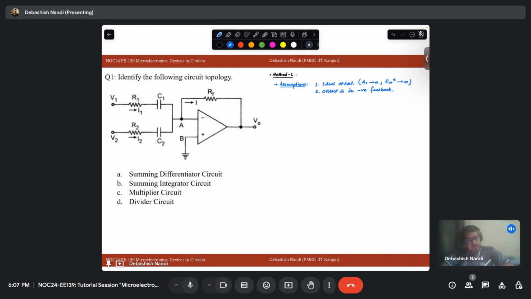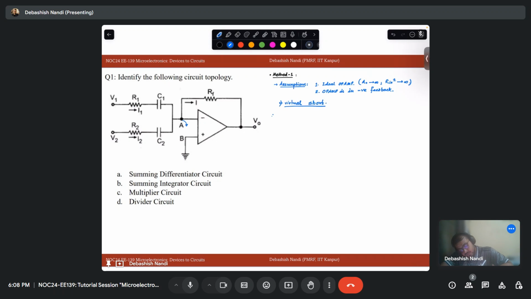Under this condition, we know that we can use the condition of virtual short. So when virtual short can be assumed, we know that this node will be shorted.